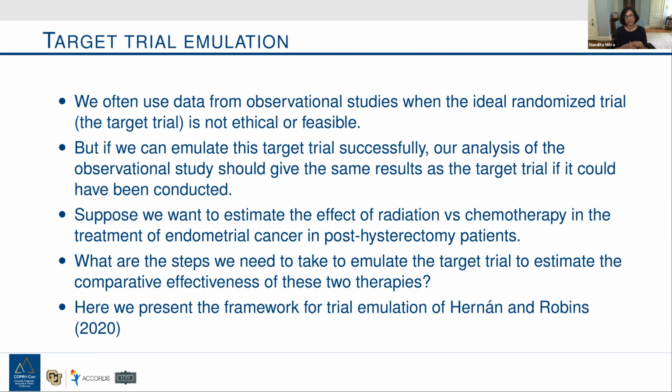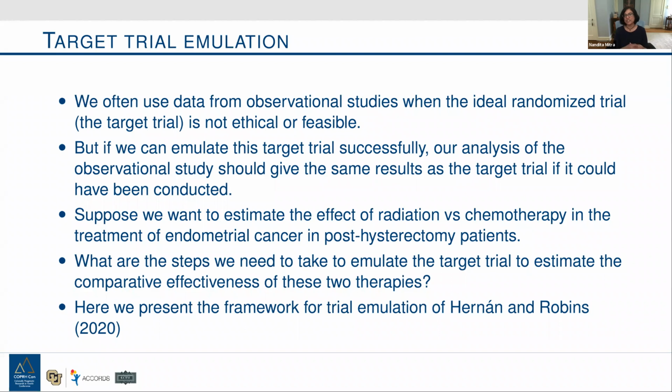One example that I recently worked on was with a radiation oncologist, where we wanted to estimate the effect of radiation versus chemotherapy in the treatment of endometrial cancer in post-hysterectomy patients. Before we jumped to propensity score matching, which is what they wanted to do, I said, let's think through the steps we need to take to emulate the target trial that we wish we could have conducted.